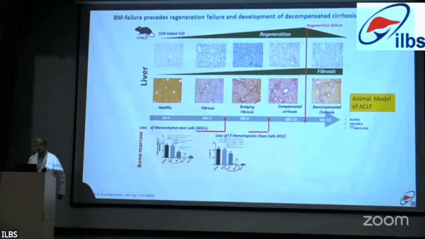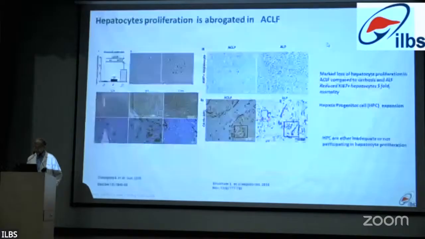So in an animal model, it was shown that bone marrow failure precedes liver regeneration failure. And this was seen when an ACLF model was produced by an additional insult, when ascites, jaundice, and ammonia were also increased, and liver regeneration was totally absent.